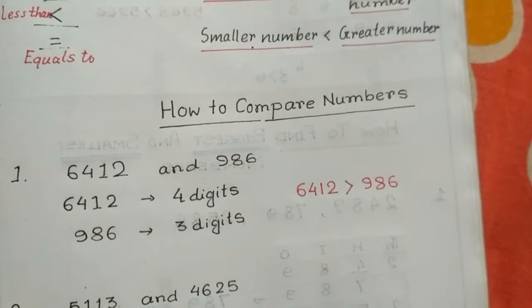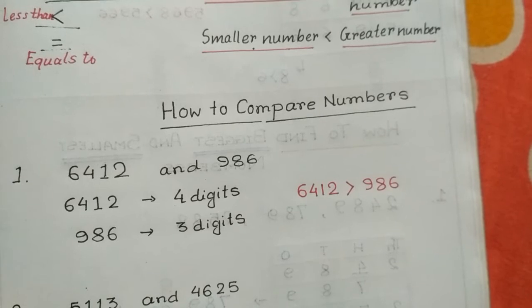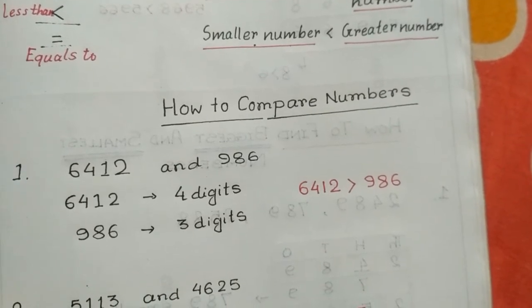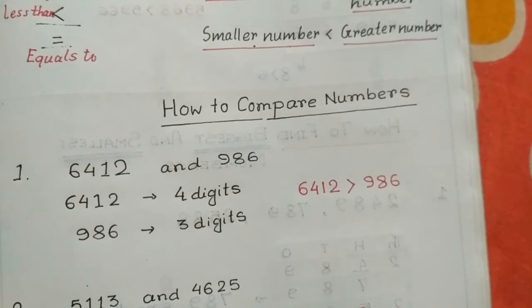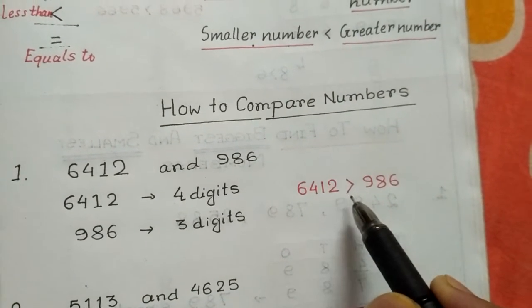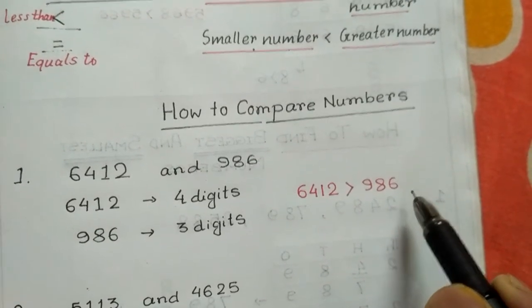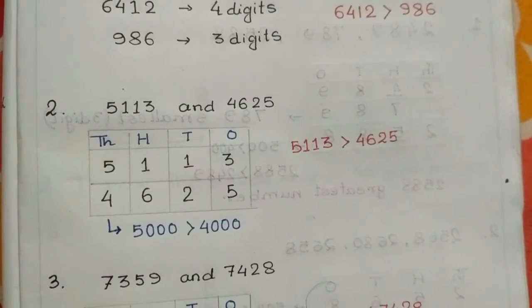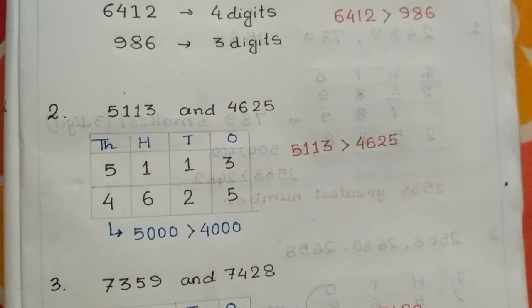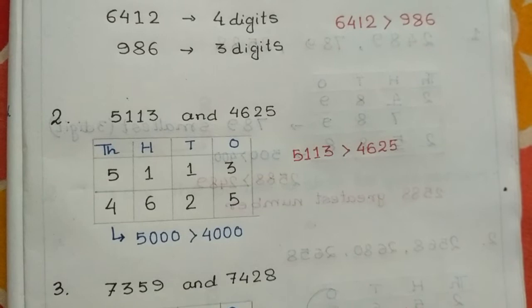So as usual we can recognize and find out that 4-digit numbers are greater than 3-digit numbers. So easily we can write that 6412 is greater than 986.